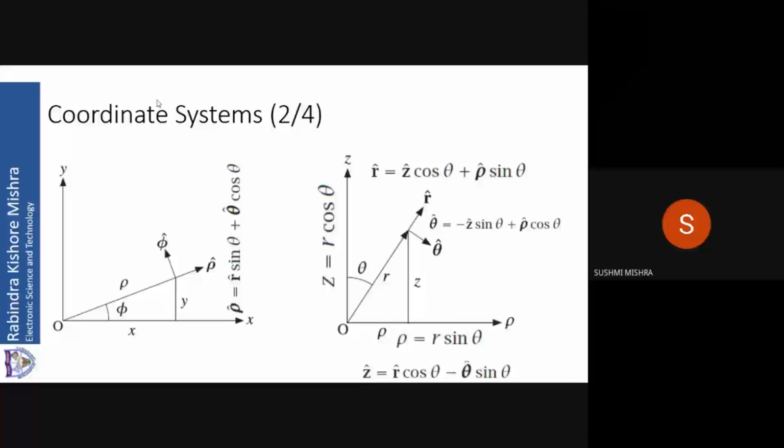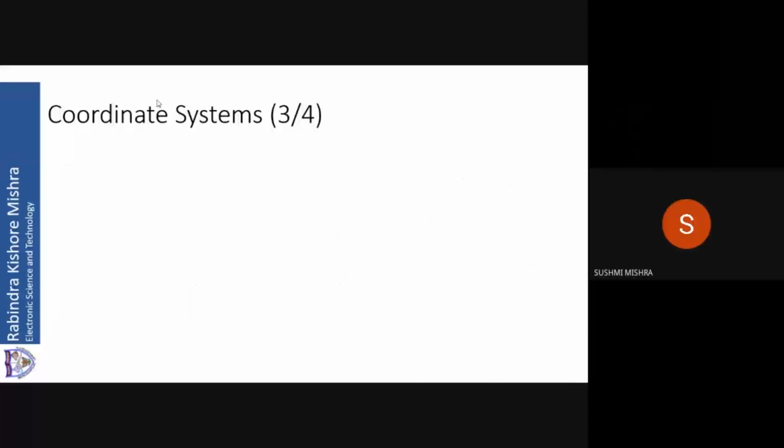Finally, the Z cap in terms of R cap and theta cap will be, Z cap is equal to R cap cos theta minus theta cap sin theta. So these are some important relationships that we are going to use.